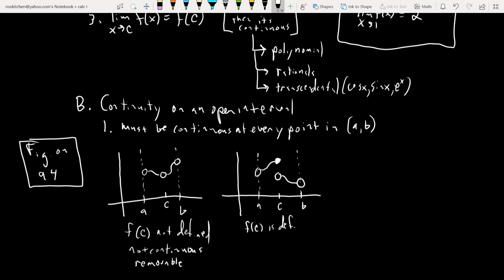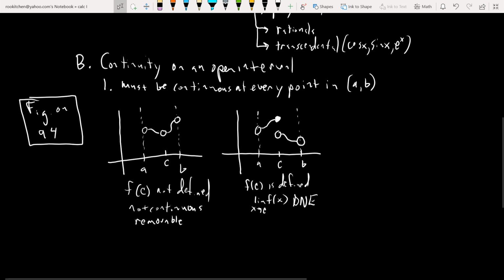The problem is that there's no limit. The limit of f of x as x approaches c does not exist. In particular, it has different left-hand and right-hand limits. And when you have this kind of jump discontinuity, it's called non-removable. There's no way to fix it. Okay. Let's look at another one.